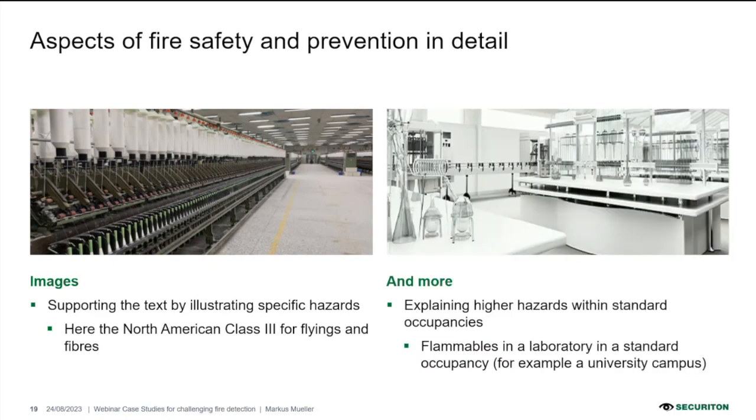But we also go beyond. We go into explaining what higher hazards can occur in an otherwise standard occupancy. Think of a university campus which you would protect with standard fire detection largely, but maybe on this university campus somewhere there is a chemistry lab that operates and stores flammable liquids and gases and stuff like that.